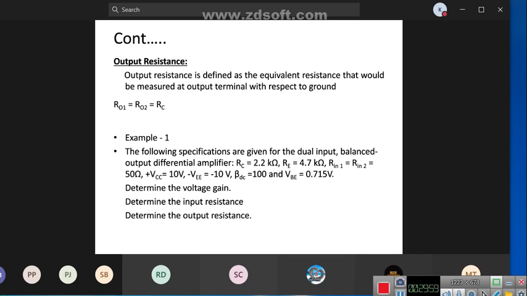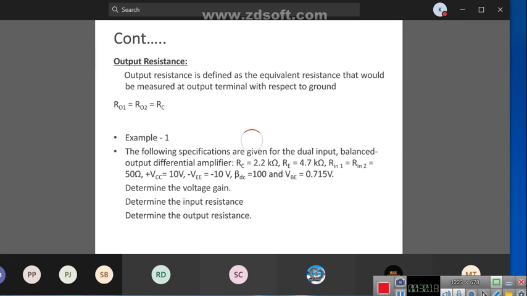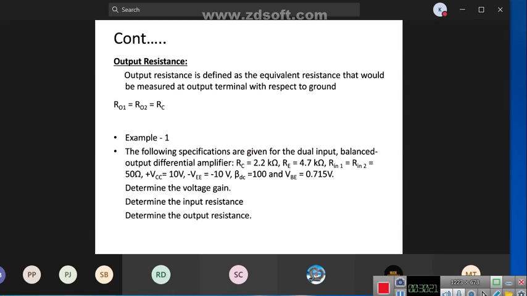So if you see the example here, the following specifications are given for the dual input balanced output differential amplifier. The given values are RC equal to 2.2 kilo ohms, RE 4.7 kilo ohms, RIN1 equal to RIN2, that is equal to 50 ohms, plus VCC equal to 10 volts, and minus VEE equal to minus 10 volts, and beta equal to 100, VBE equal to 0.7 volts, right?